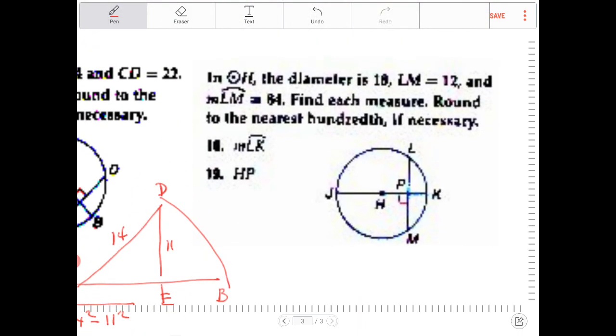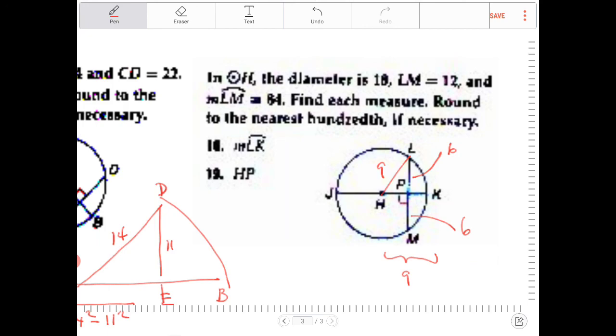And then the last question here. Circle H, the diameter is 18. LM is equal to 12. So therefore, this must be 6 and this must be 6. If the diameter is 18, that means this length must be 9 and this length must be 9.